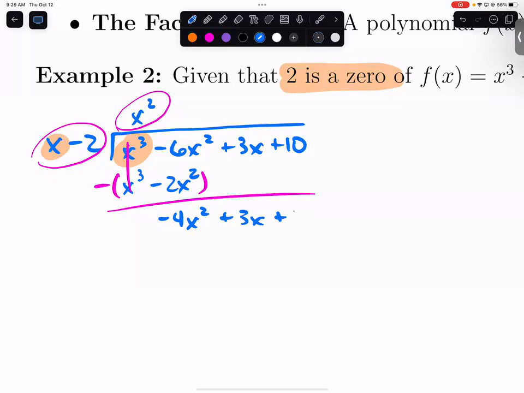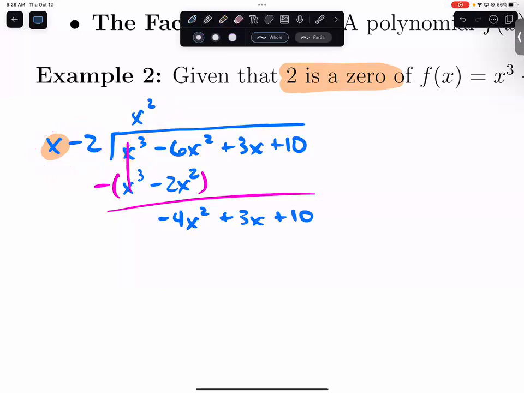And then the other stuff just comes down. Anytime there's a missing place or a missing term somewhere, just treat it like there's a 0 there. So 3x minus 0, 10 minus 0. Okay, and then do it all again. Here. x into negative 4x squared. That's not what I want to be doing. Negative 4x.